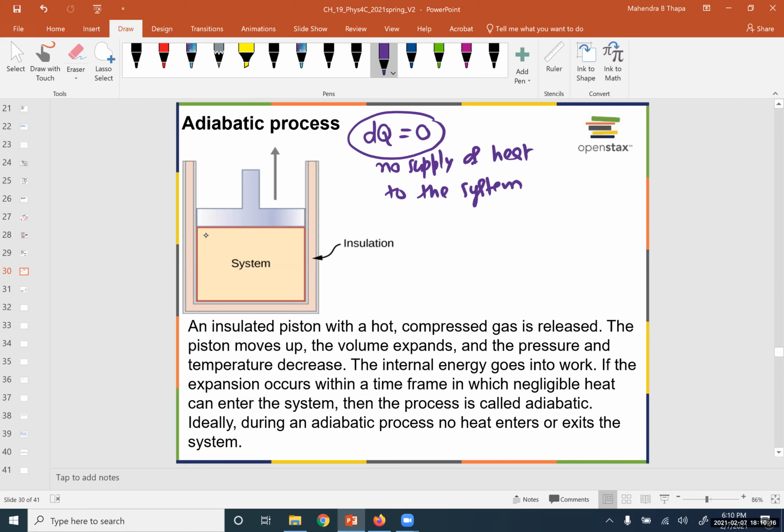Okay, so if our system is this cylinder with a piston, then to stop heat exchange we have to put some insulating coat, so that heat will not come inside from any part.